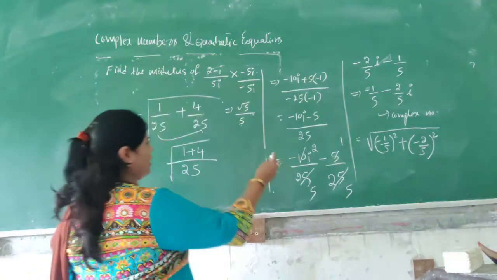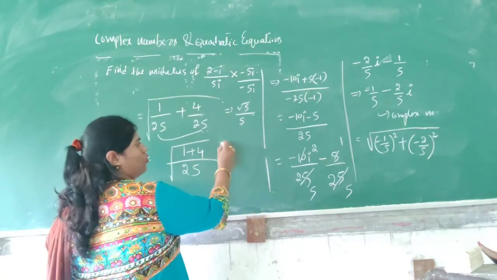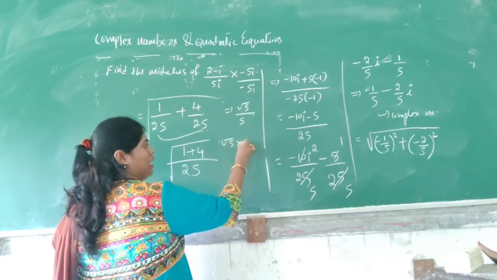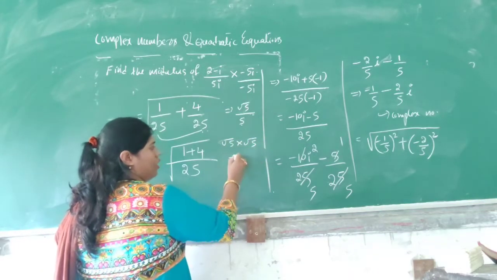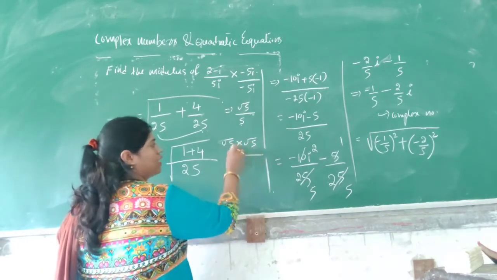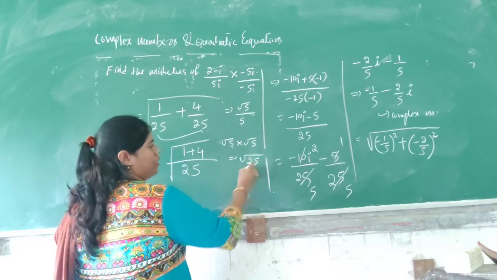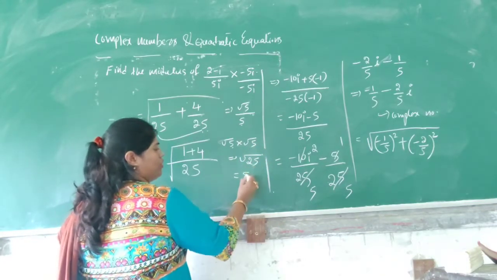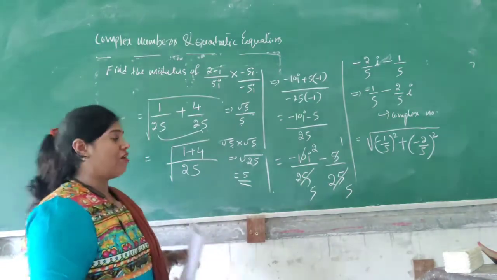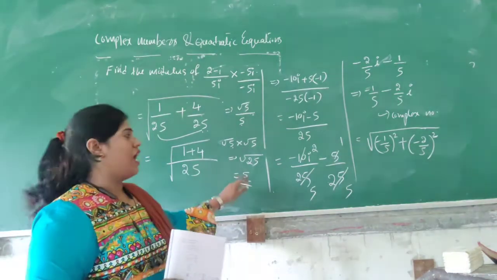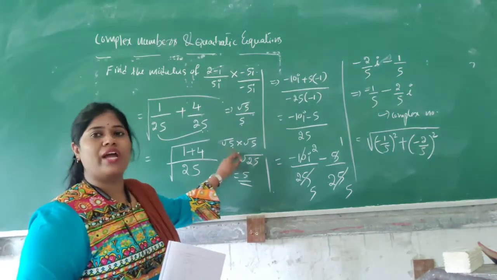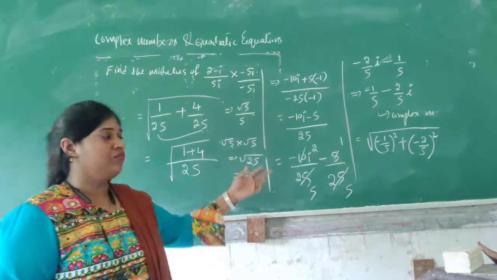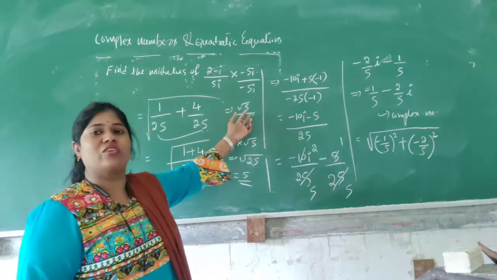So we know that root 5 into root 5, 5 5s are 25. So the square root of 25 is 5. Instead of writing 5, I can write root 5 into root 5, because I need to cancel it over here.